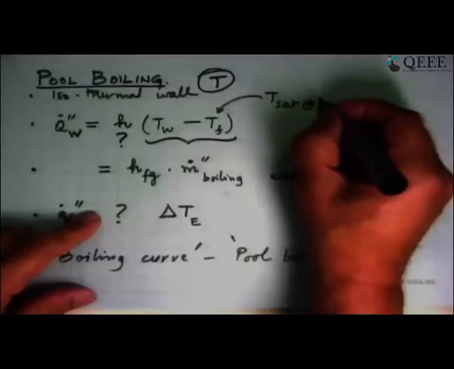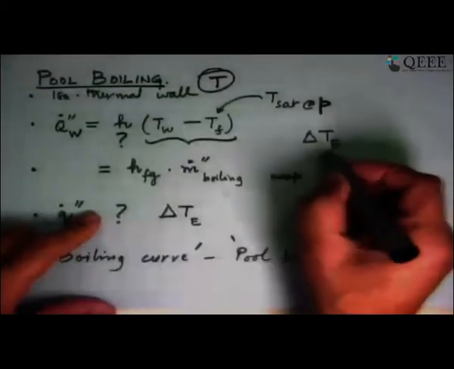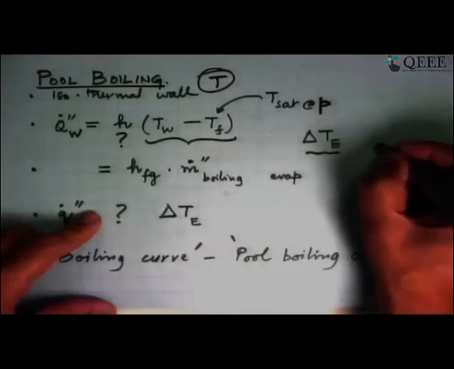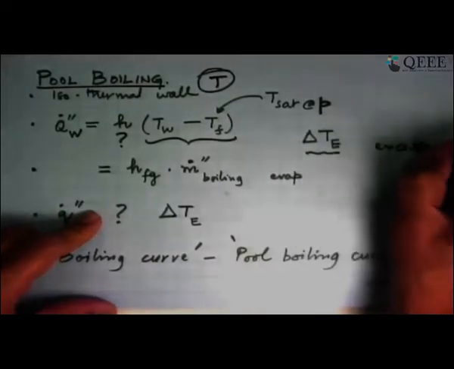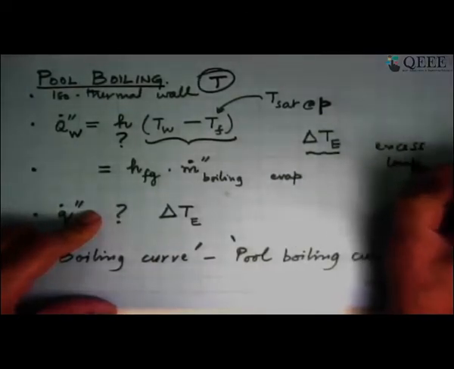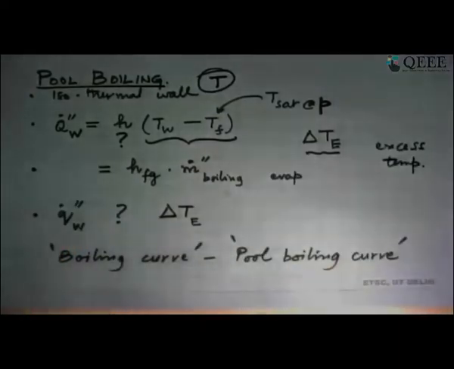So we have to worry about the pressure at which this process takes place. This difference between the wall and the fluid temperature, we call delta T_e. E stands for the excess temperature. So this is one part of the story.